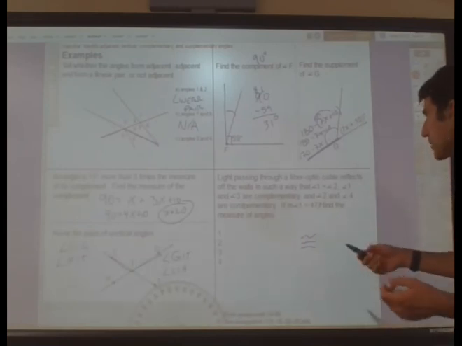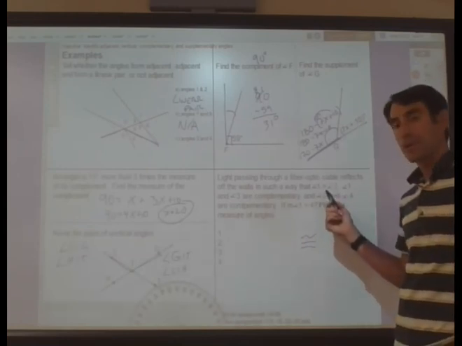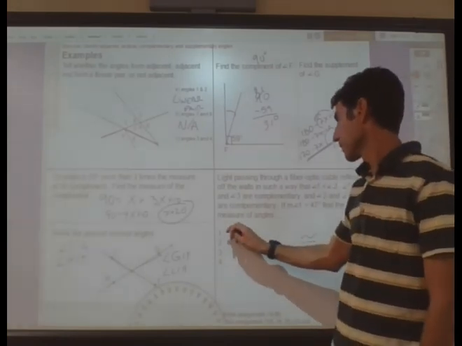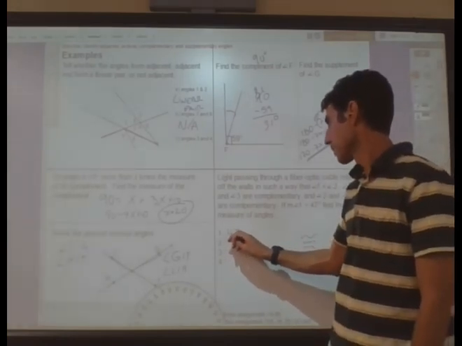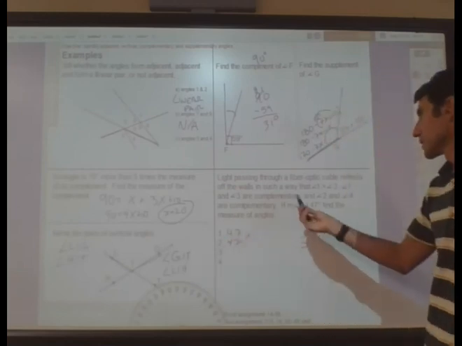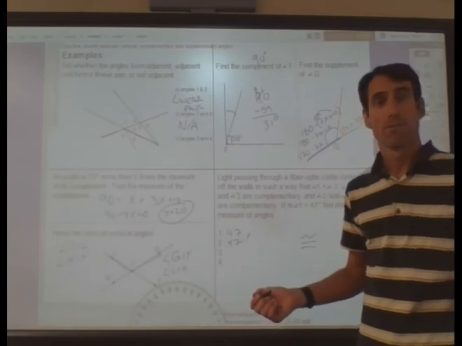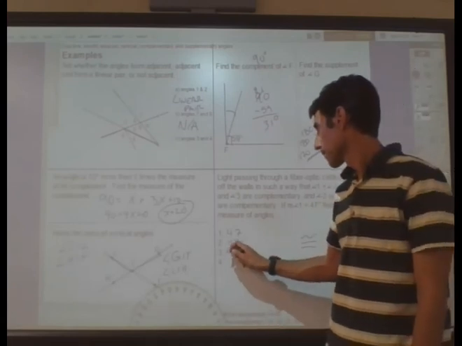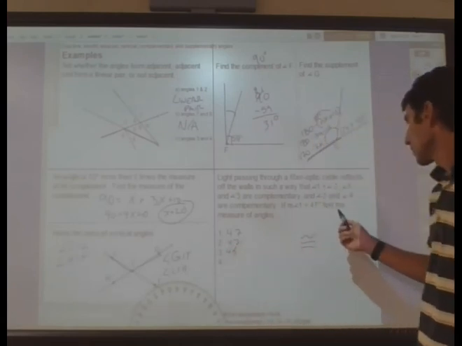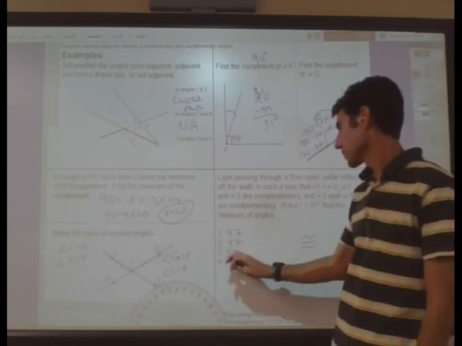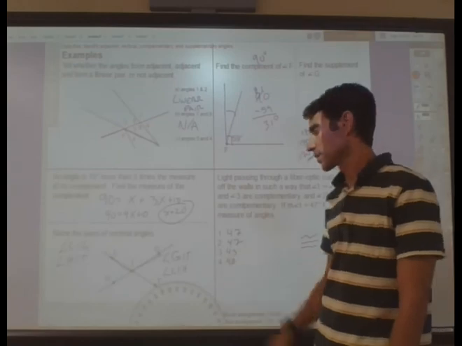All right, so angle 1 and angle 2 are congruent. So if angle 1 is 47, so is angle 2. Angle 3 is a complementary angle, so that is going to be what? 43. And angles 2 and 4 are complementary, so that is also 43.